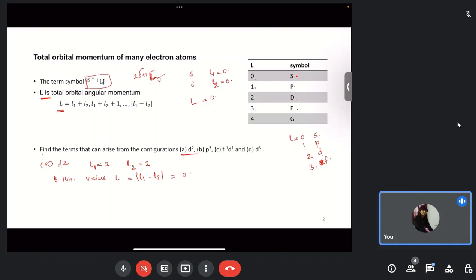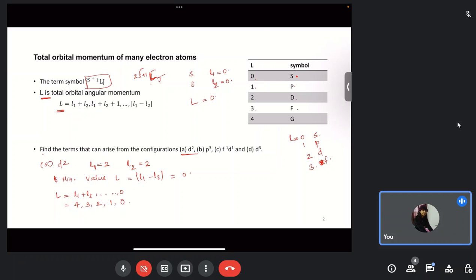So your L values can go from L1 plus L2 down to 0. L1 plus L2 is 2 plus 2, which is 4, then 3, 2, 1, 0.